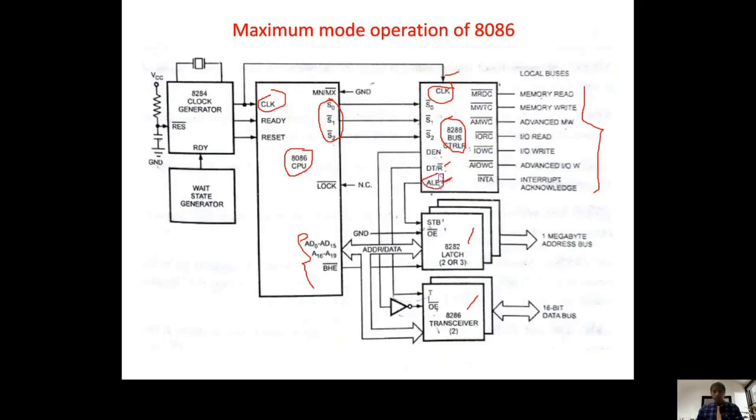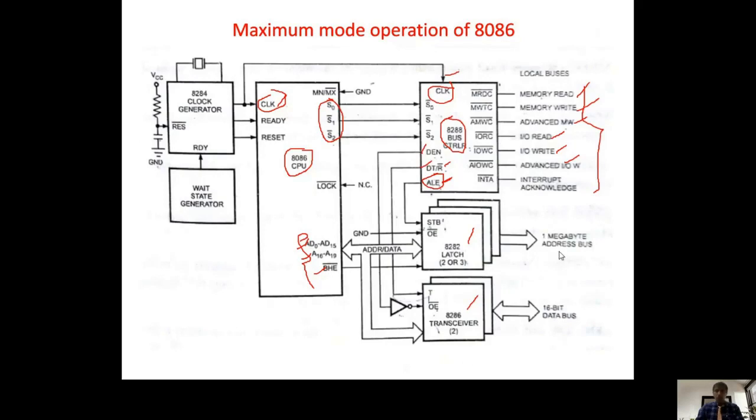Then the multiplexed address and data lines, the multiplexed address and status lines, BHE bar/S7, and the clock, which is essential because without a clock nothing operates. Then memory read, memory write or advanced memory write, and similarly IO read, IO write, or advanced IO write, depending on the problem. In addition to the multiplexed lines and clock, we also need DEN, DT/R bar, and ALE. All these signals are essential for developing the timing diagram.